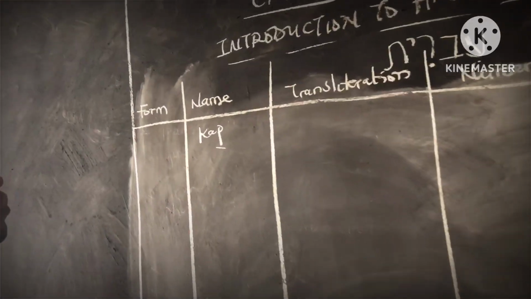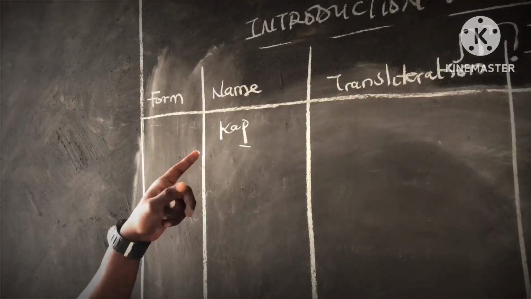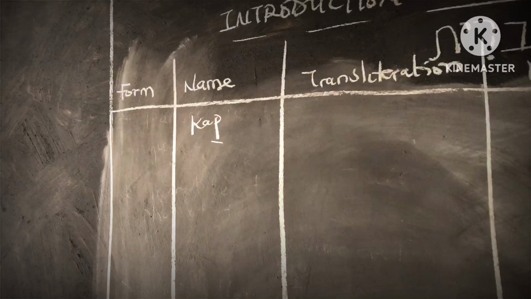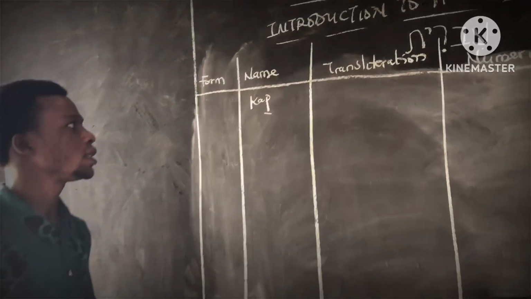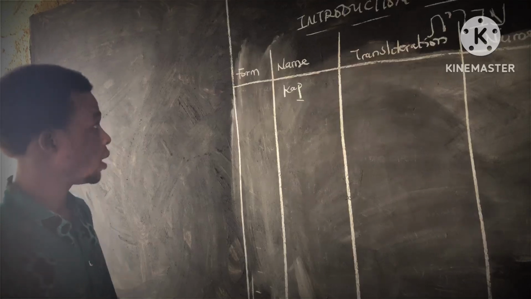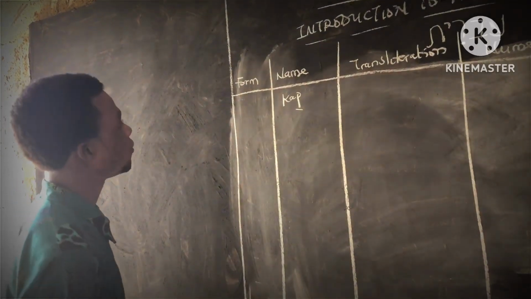Kaf. And don't forget that the first letter of each name represents the letter. So how is Kaf written? Kaf has three forms.